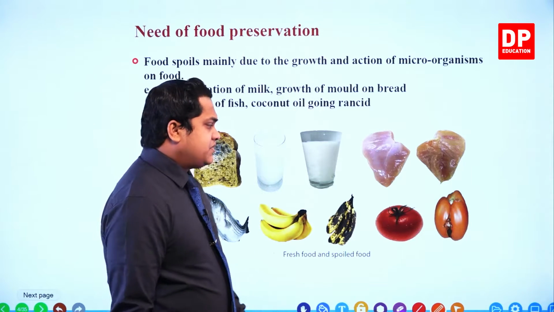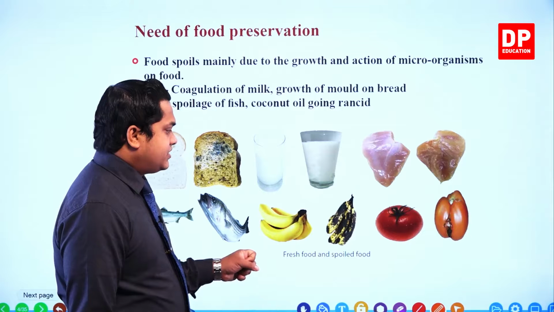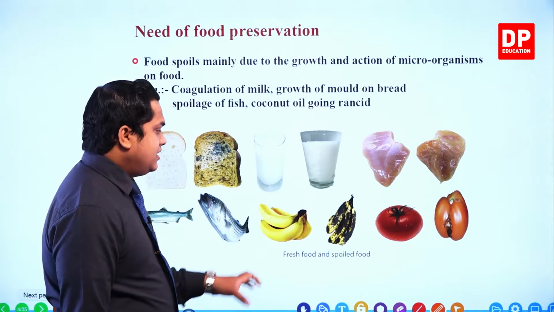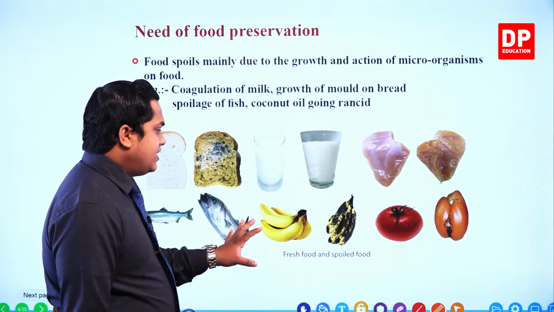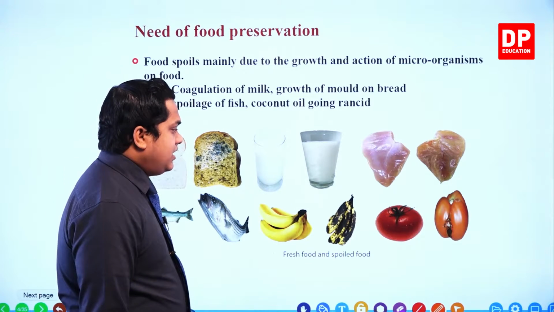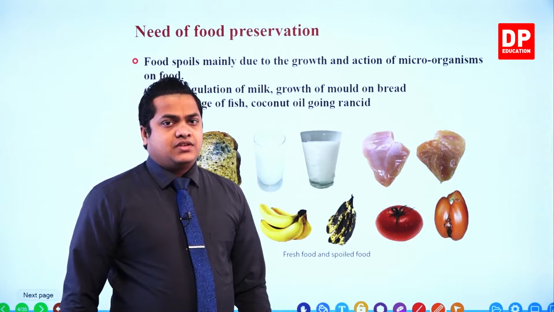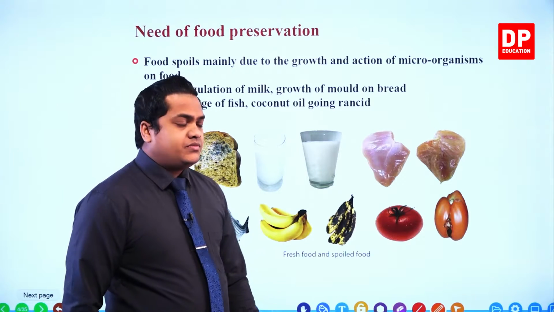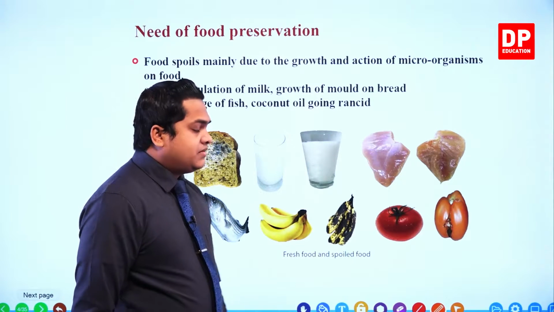And there are other types of food given here, mainly fruits. As you can see here, this is a fresh, well-ripened banana, but after a few days, if it is not consumed within the time period, you can observe this kind of structure within the banana.